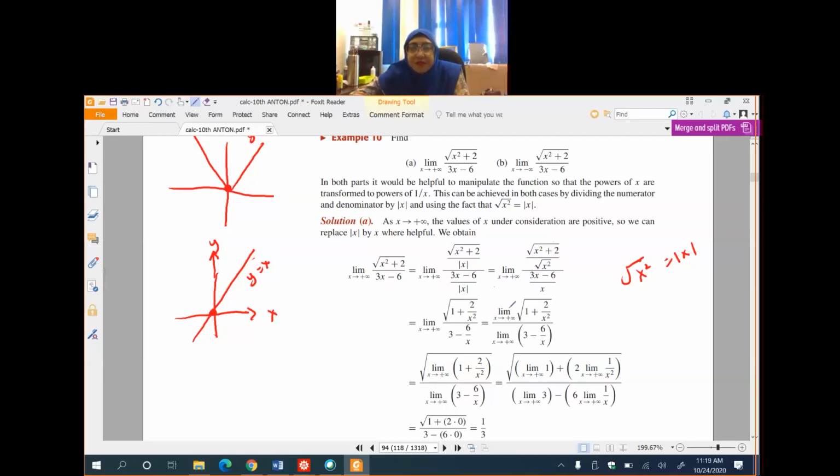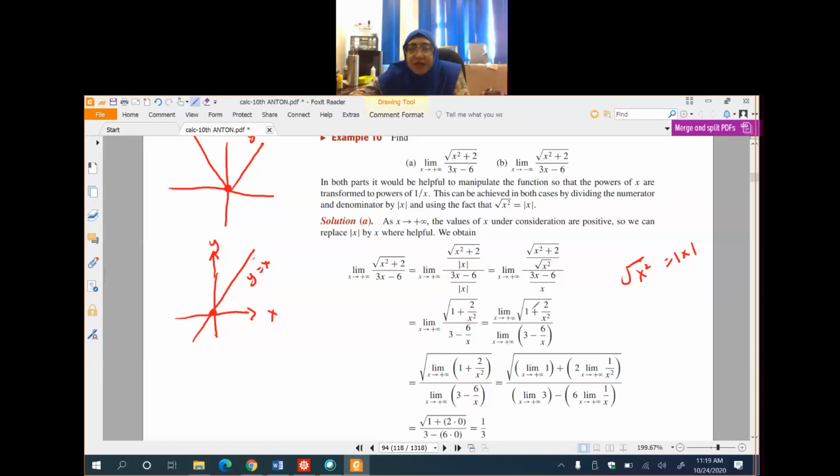So after you combine the square root of x squared, you can cancel out the first term. It will be 1 plus 2 divided by x squared, already under the square root sign. For the denominator, it is fine, it doesn't involve a radical.